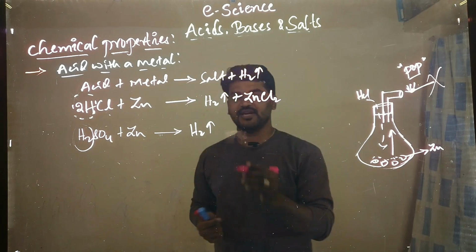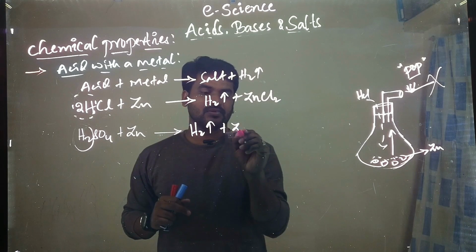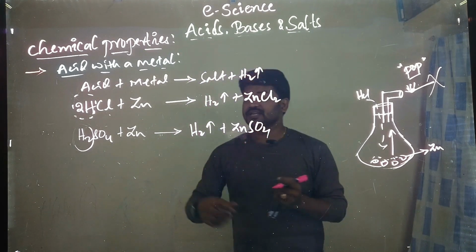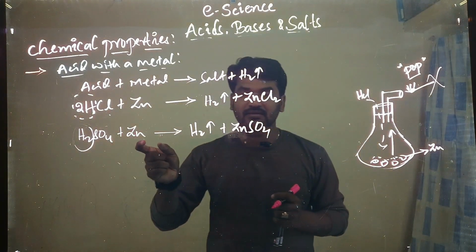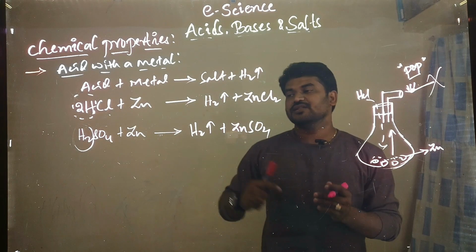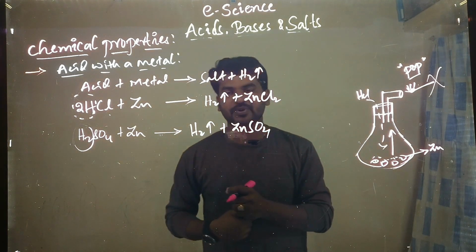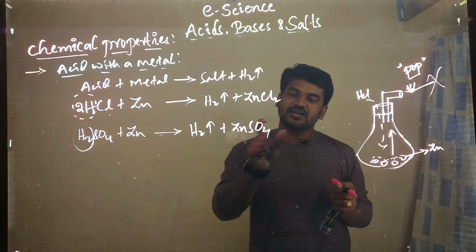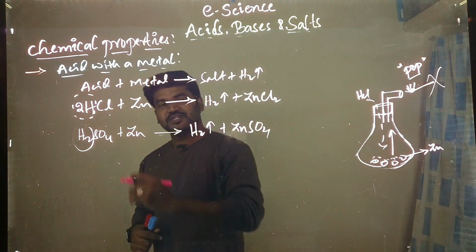And plus ZnSO4. Why are we writing ZnSO4 only? Why are we not writing SO4Zn? Because there is a rule: while writing the formulas of compounds, we should write the metal first as the prefix and the remaining negative part next. So that is ZnSO4.